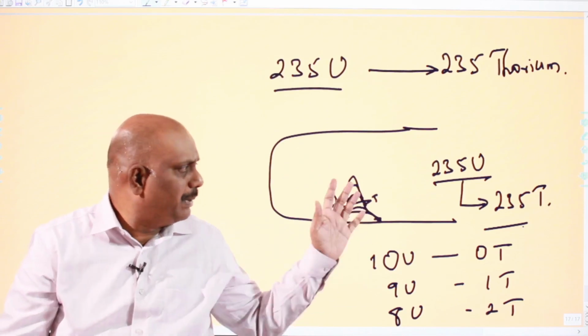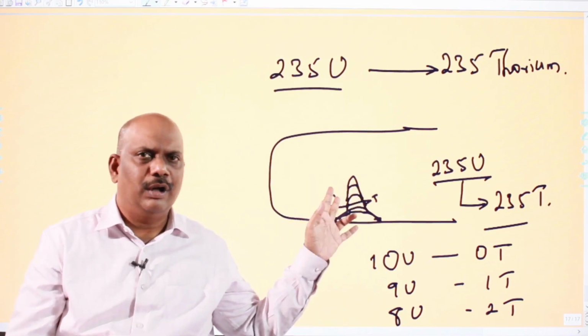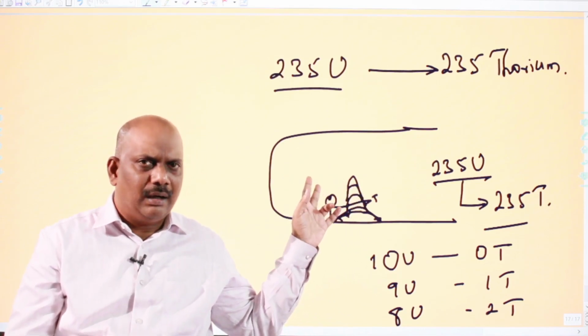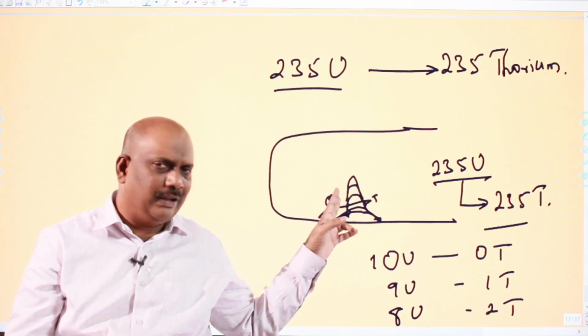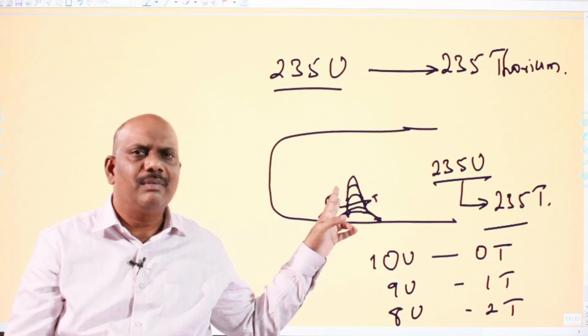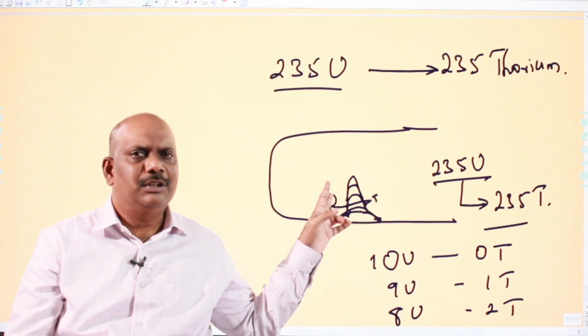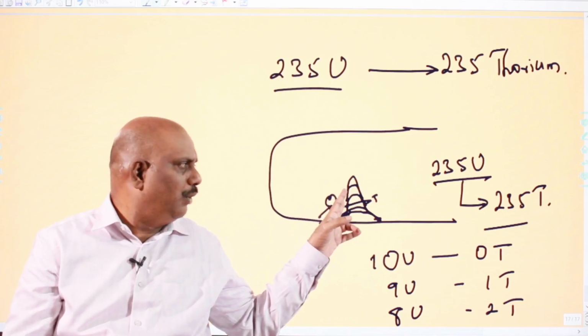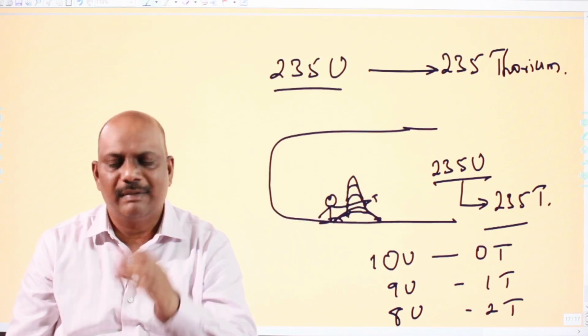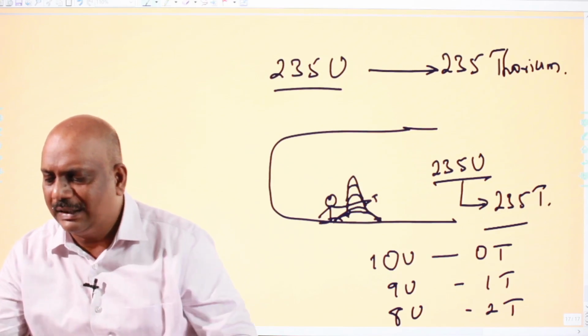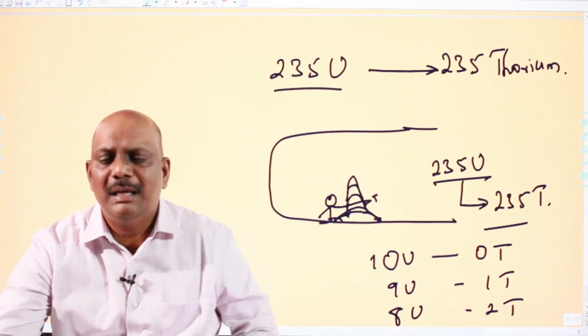So just by comparing the 235 uranium and 235 thorium present in the limestone here, our archaeologists will be in a position to date how old this fossil may be. So remember this technique.